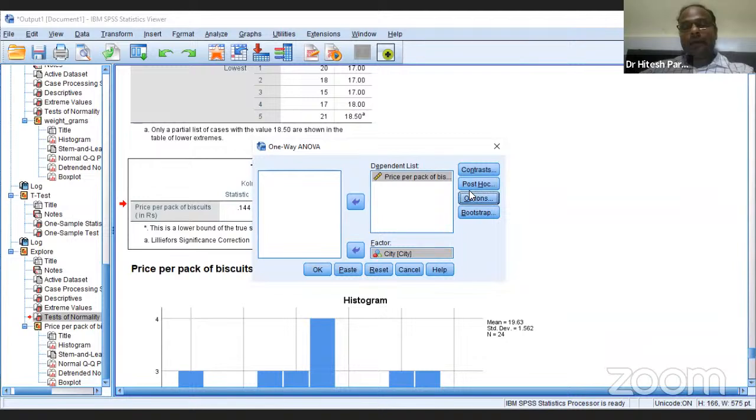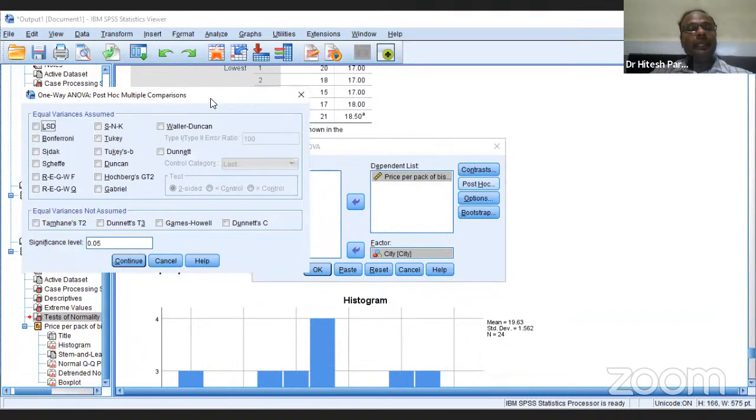Now this tab called Post Hoc. You need to look at the result of the post hoc only if a significant difference is found. Is it clear? It is available for exactly identifying, if the difference is present, between which groups the difference is present.